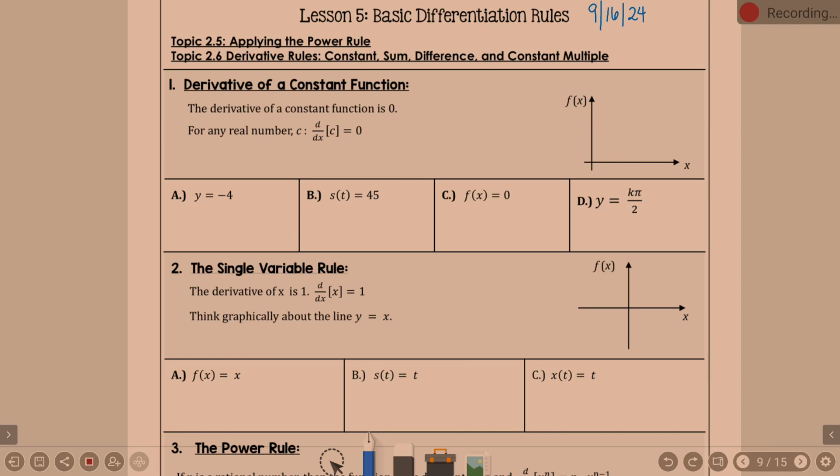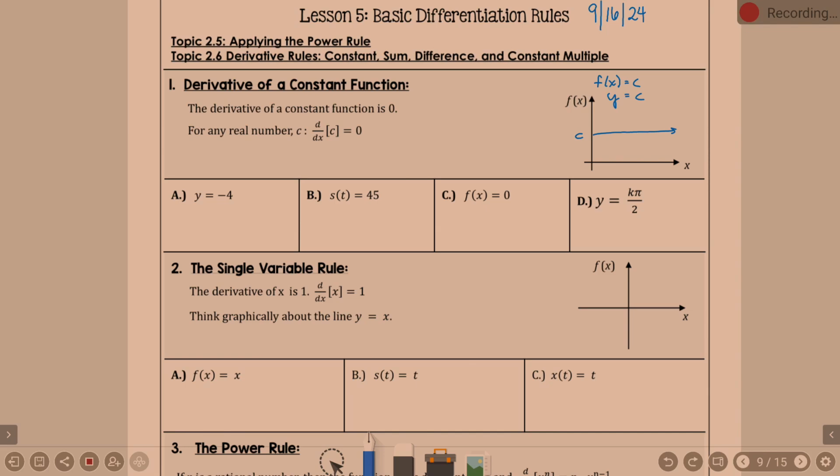A flat line, yes? If we're talking about a constant function, for instance f of x equals c, which in my brain I then turn into y equals c. Well, what is that? That is a horizontal line at the value c. With that in mind, what is the slope of that line? 0.